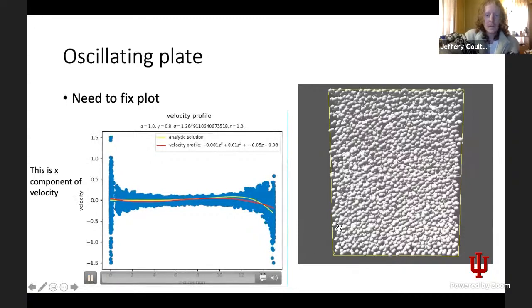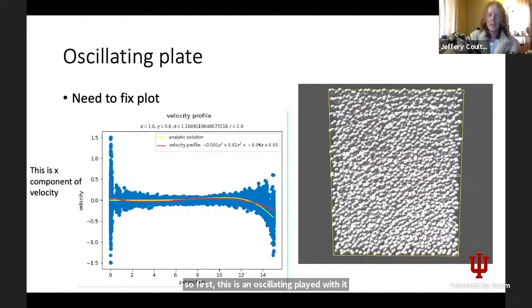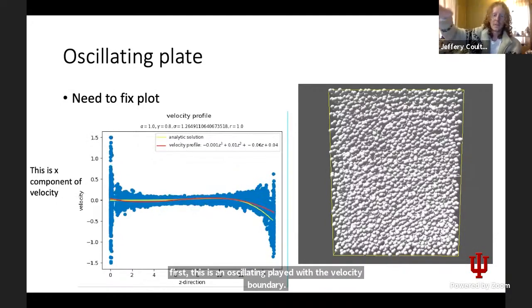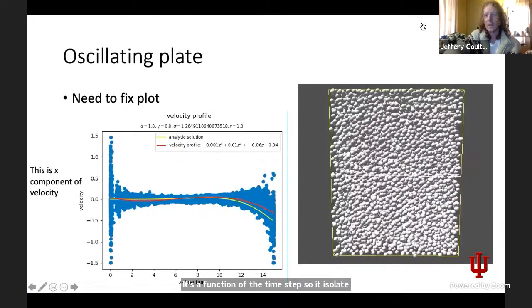So first, this is an oscillating plate with a velocity boundary that's a function of the time step, so it oscillates back and forth.